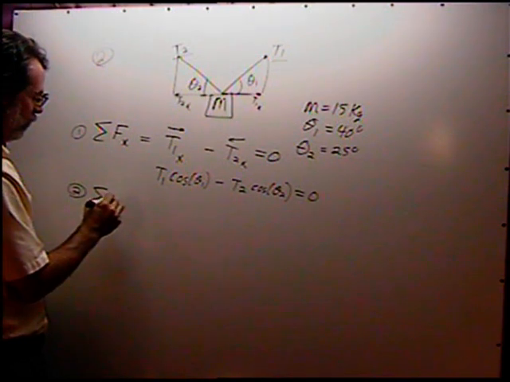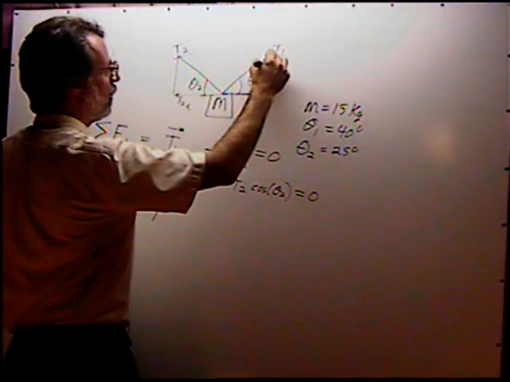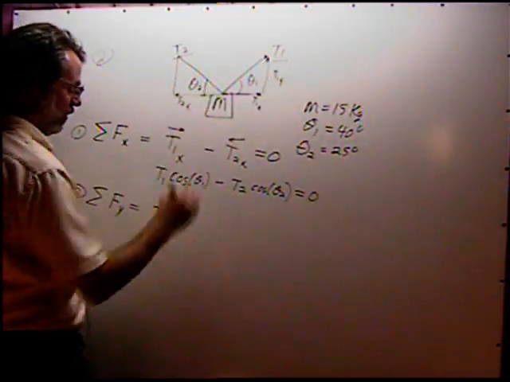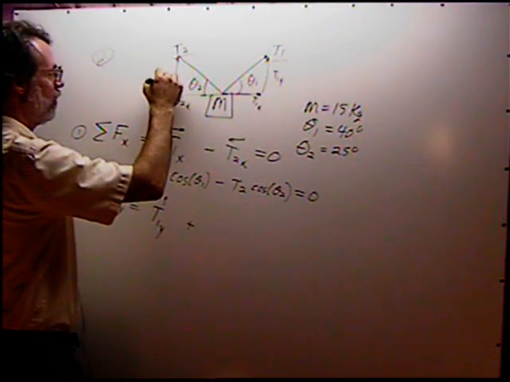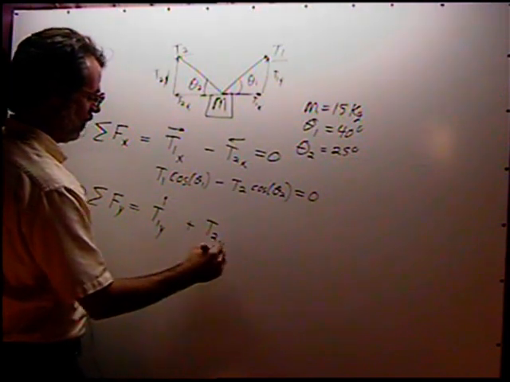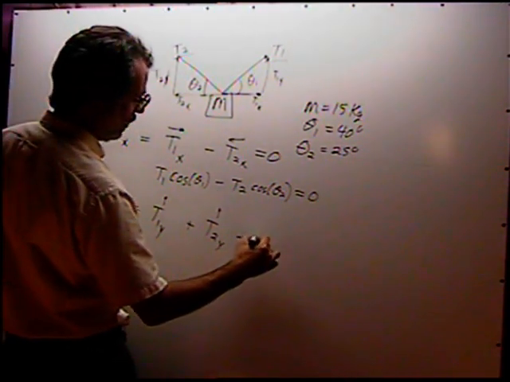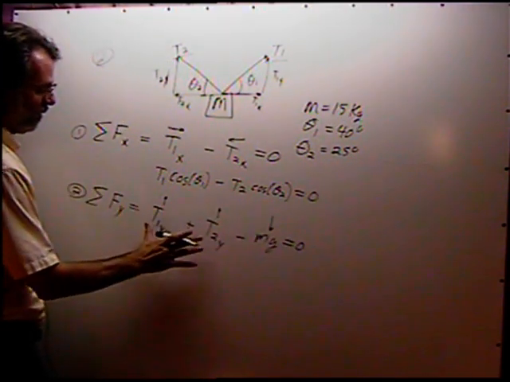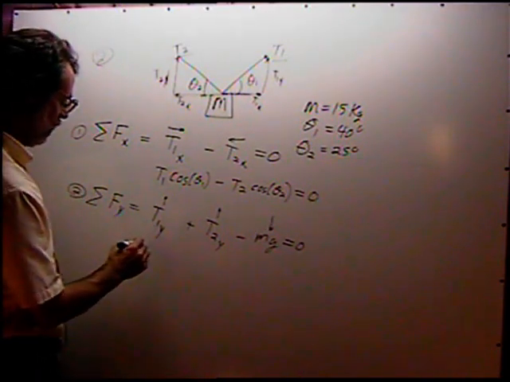The second equation is the sum of forces in the y direction. Again, T1 in the y direction is acting up, plus T2 in the y direction is acting up, minus the weight, mg, which acts down. So the sum of these plus the weight equals 0.